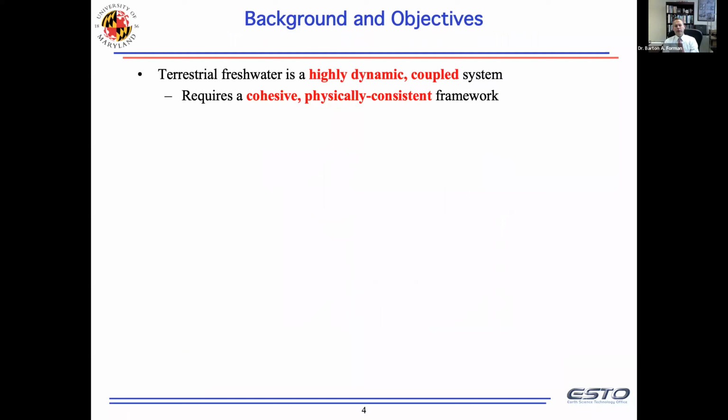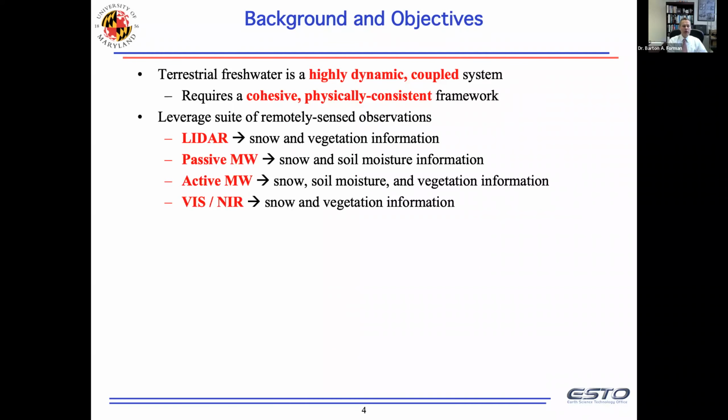So terrestrial freshwater, as we all know, is highly dynamic, coupled, changes rapidly in space and time, and it's nonlinear. In order to study the snow, soil moisture, vegetation system, we really need a cohesive and physically consistent framework. And we're going to use the NASA Land Information System to do that. In addition, we're going to leverage a suite of remotely sensed observations.